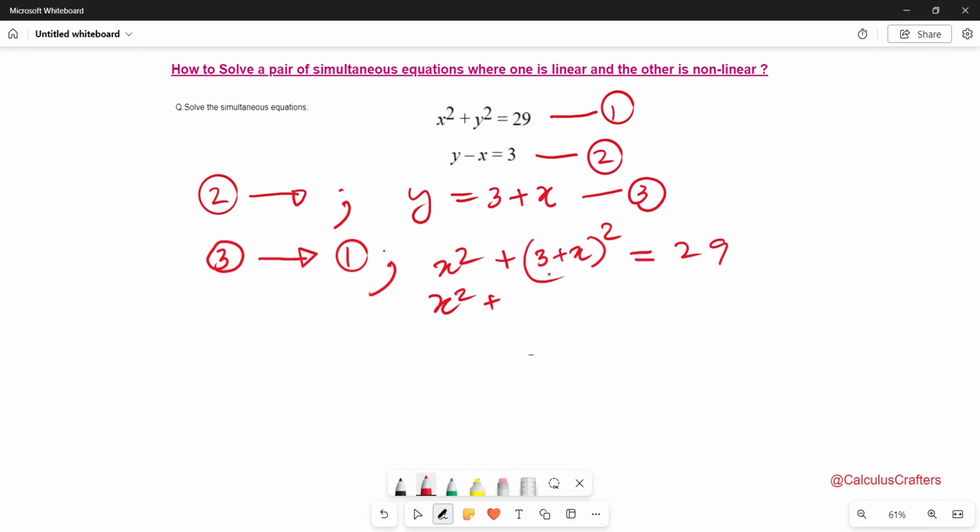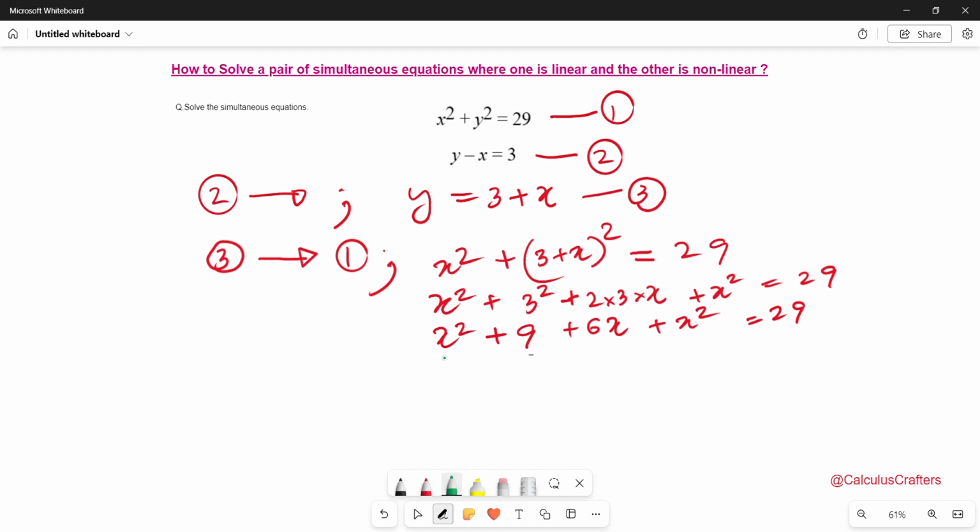x squared plus 3 squared plus 2 times 3 times x plus x squared is 29. x squared plus 3 squared is 9, plus 6x, plus x squared is 29.